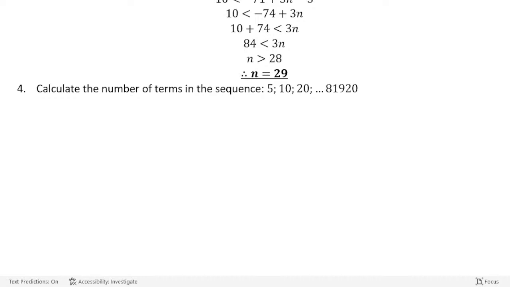Number four, I think, is the easiest of the previous ones that we did. So number four should be the easiest.